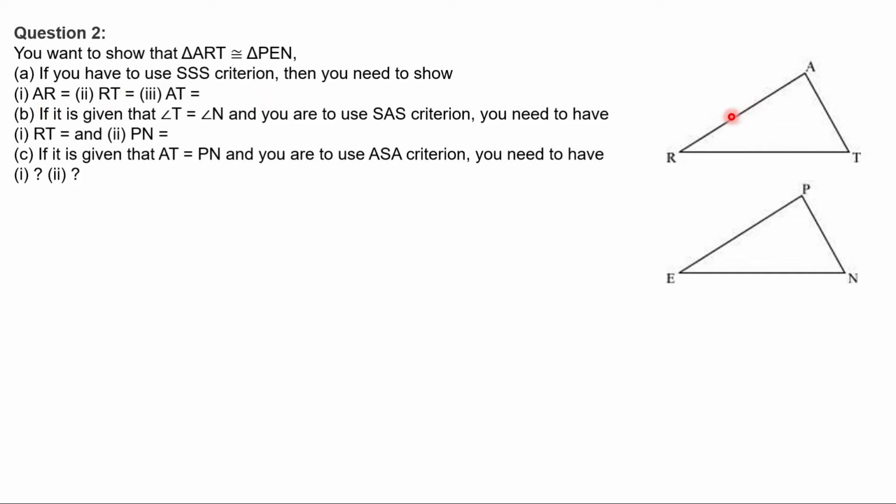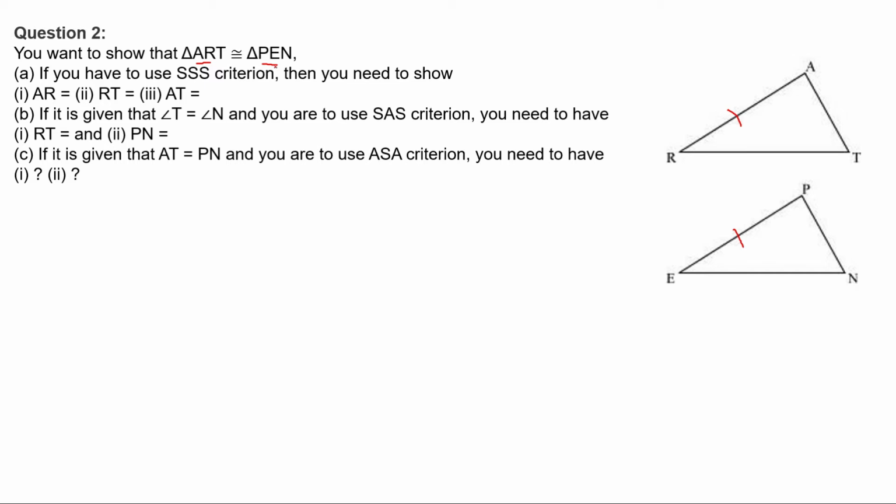We need to show what is equal to AR. A and R are the first two in this triangle. Similarly, PE is the first two in this triangle. So the answer is AR equals PE. Why? Because here AR is the first two and PE is here the first two.